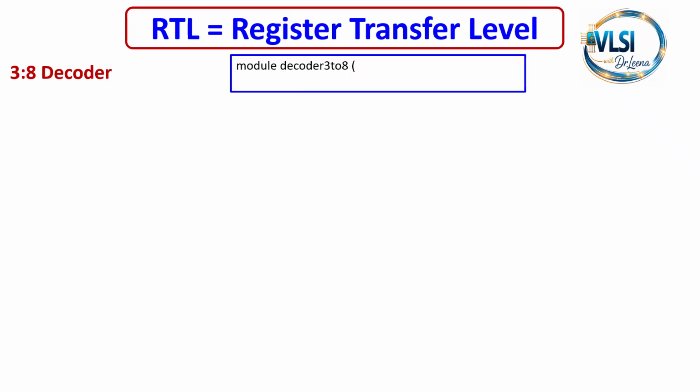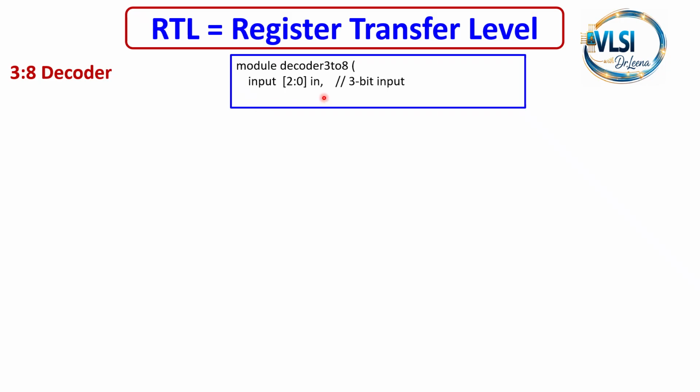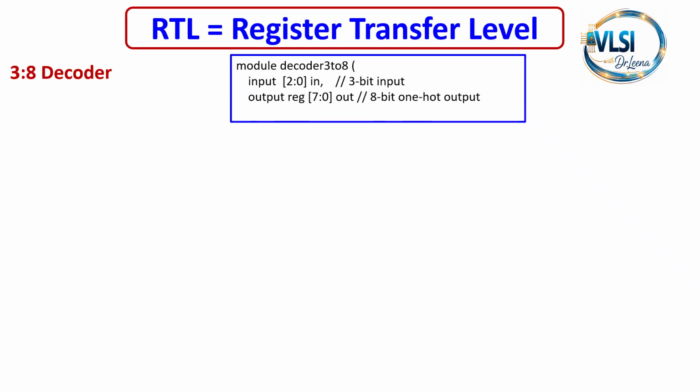Next, we have to give the inputs and outputs. Look at this. We are giving the input as IN, a 3-bit input [2:0], and possible values are 000 to 111, that is 8 combinations. And next we are assigning the output.